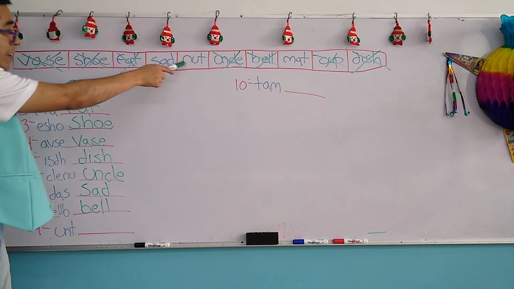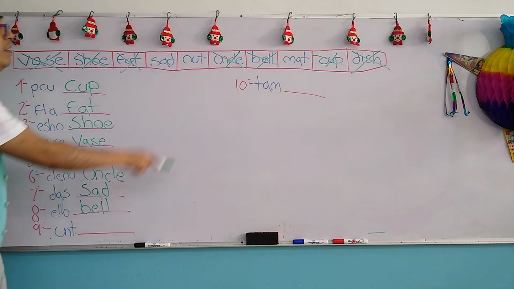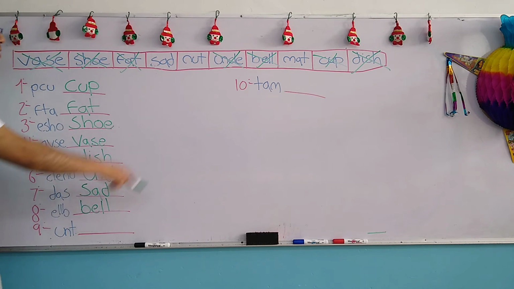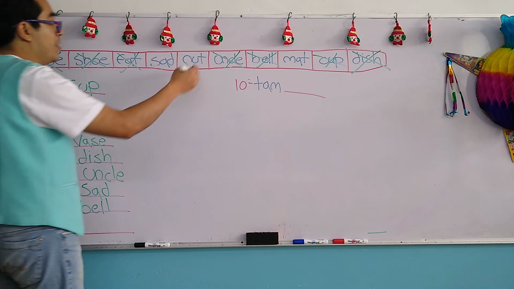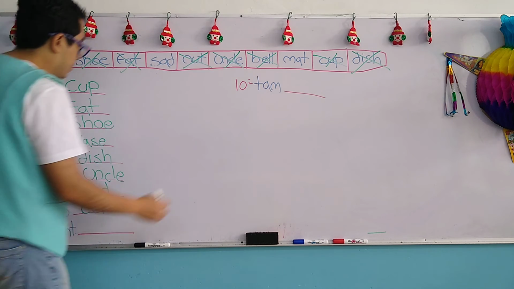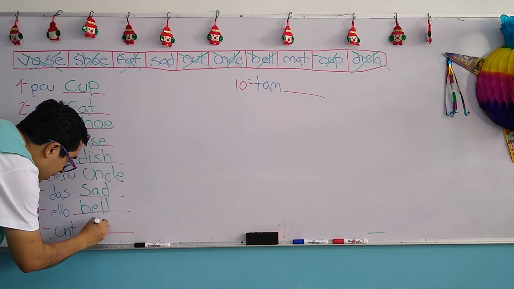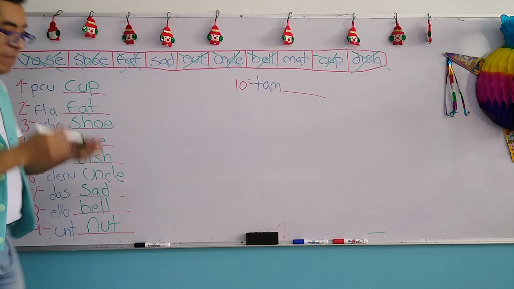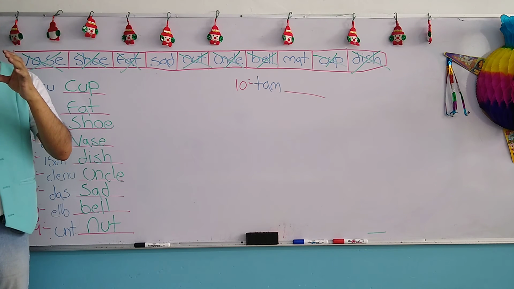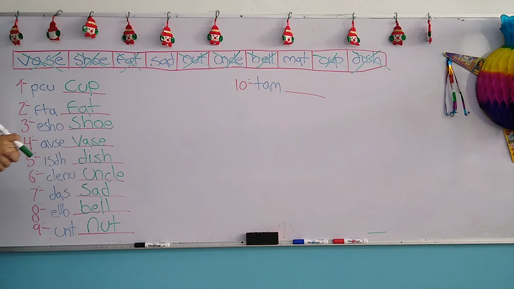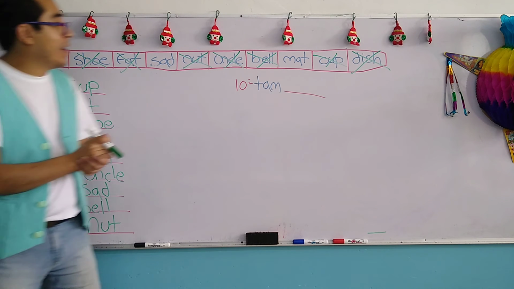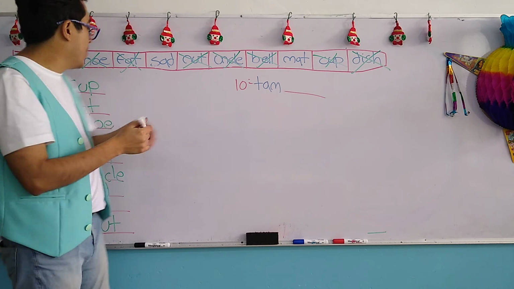We have a letter N, it's right here, a letter U, and a letter T of Tito. So, the word in order, nut. N-U-T. Remember that a nut, it's a fruit, and it's the favorite fruit of the squirrels. Una nuez. And the last one, we have number 10.